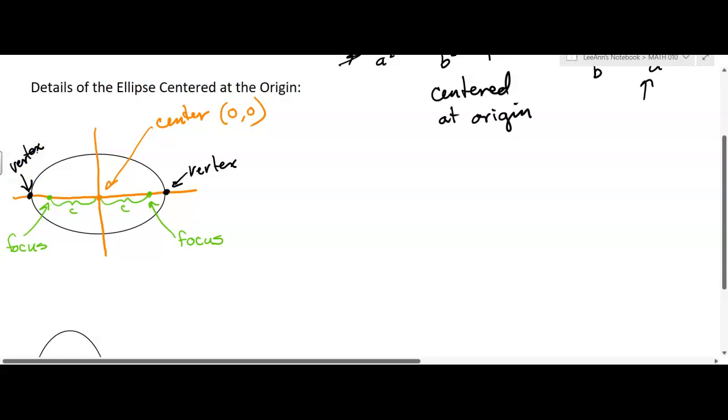Okay. And as we go to graph, these parts become important to us. This right here is also a point on the ellipse. It's called a co-vertex. For two of them, you have co-vertices.